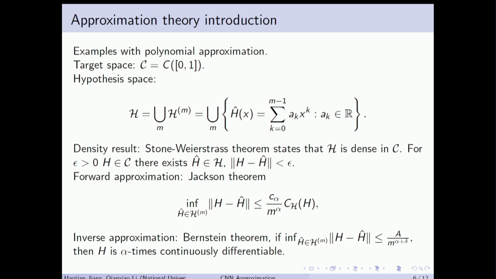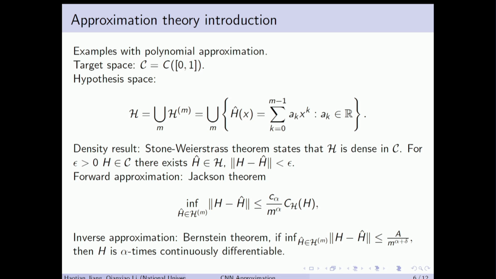It states that for any alpha-times continuously differentiable function in the target space, the approximation error is bounded by this rate here. The C alpha here is a constant that depends only on alpha, and CH here is what we call a complexity measure of the target in the target space.